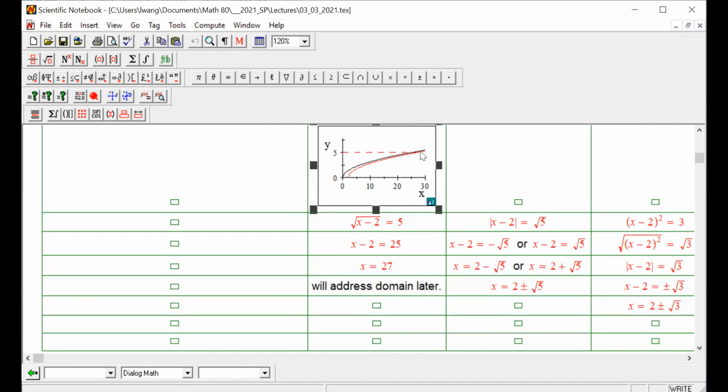The black one was the old picture, the square root of x. The square root of x minus 2 is a shifted picture. The crossing at 5 is still the same idea. It's just that this curve is shifted.